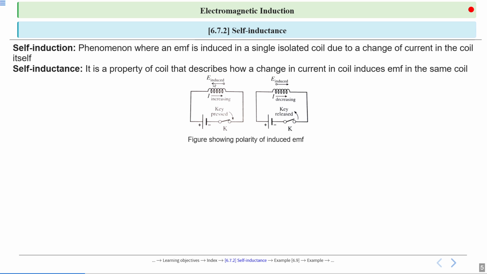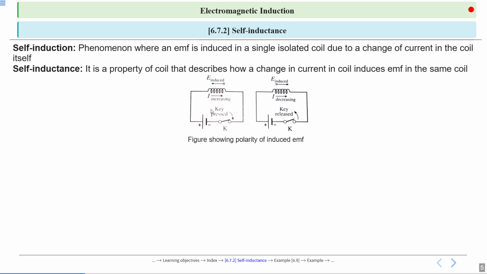Due to the change in the current in this coil, EMF will be induced, and this phenomenon is called self-induction. It is a property of this coil, and this property is called self-inductance. The property of this coil to induce EMF when there is a change in current through it is called self-inductance.